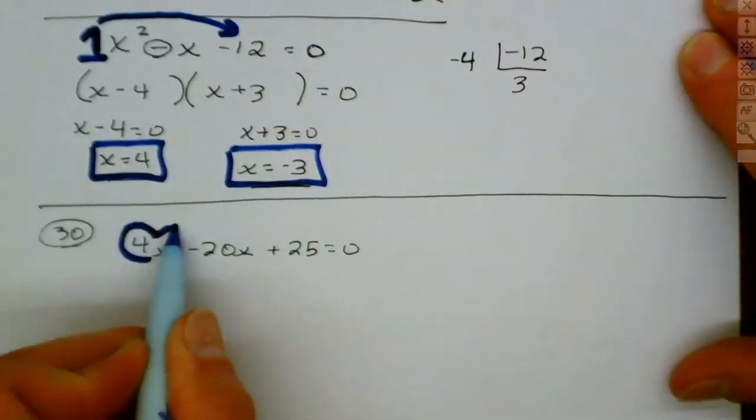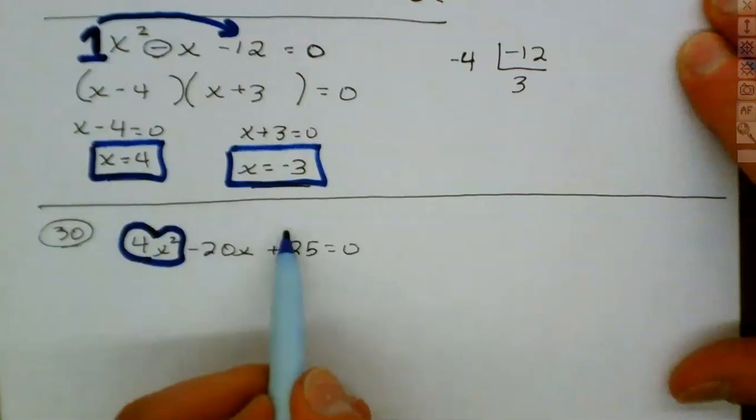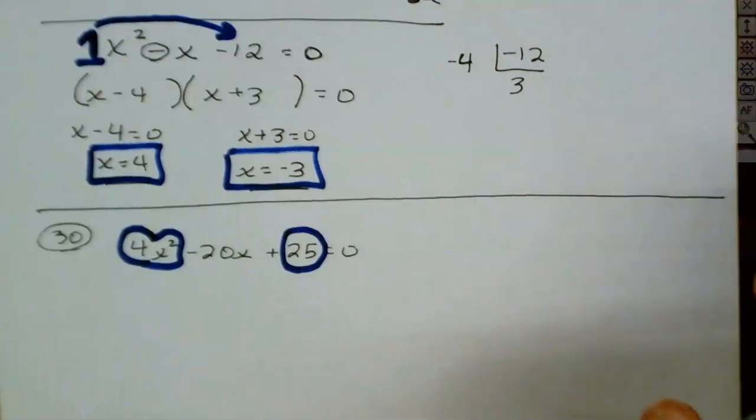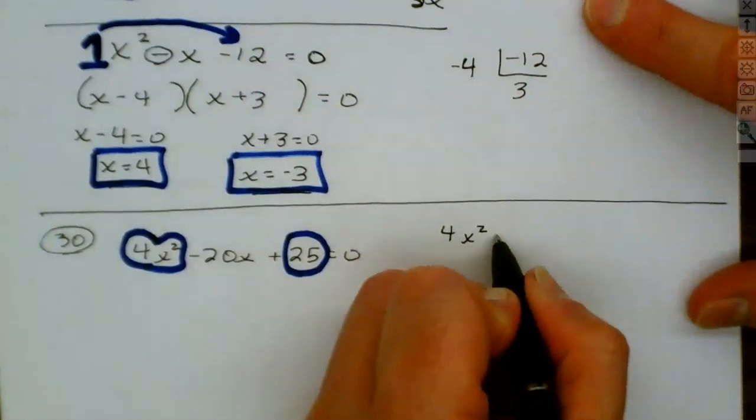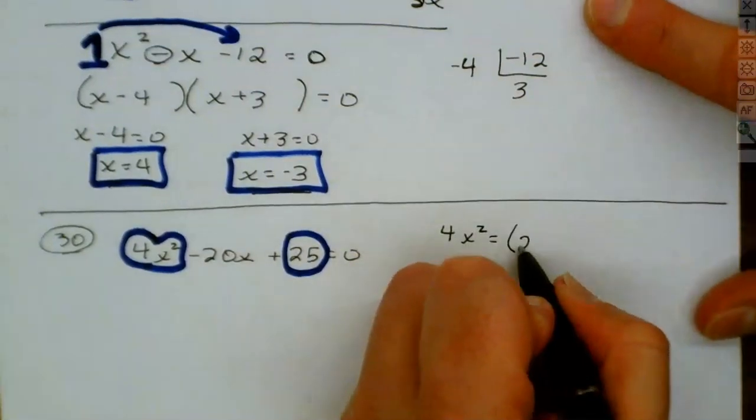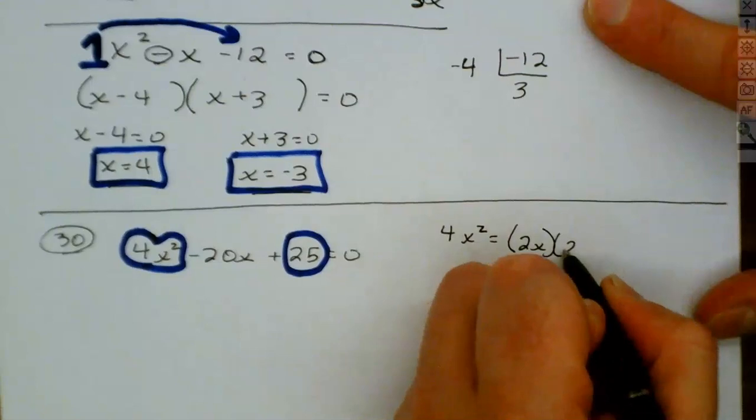Let's look at that 4x squared, and let's look at that 25. Well, what do we know about 4? 4 is a perfect square. And what do we know about 25? Perfect square as well. So 4x squared is going to break down into 2x and 2x, right?